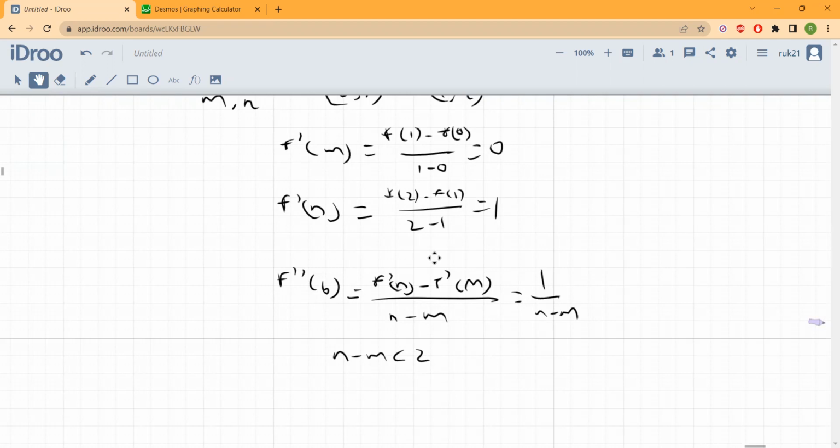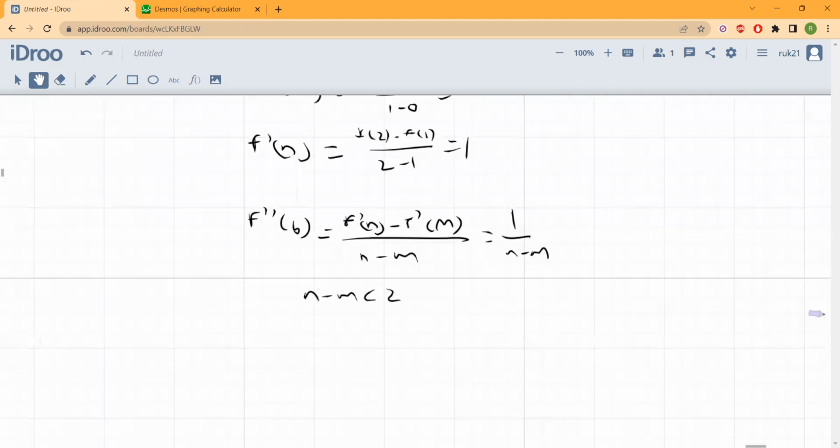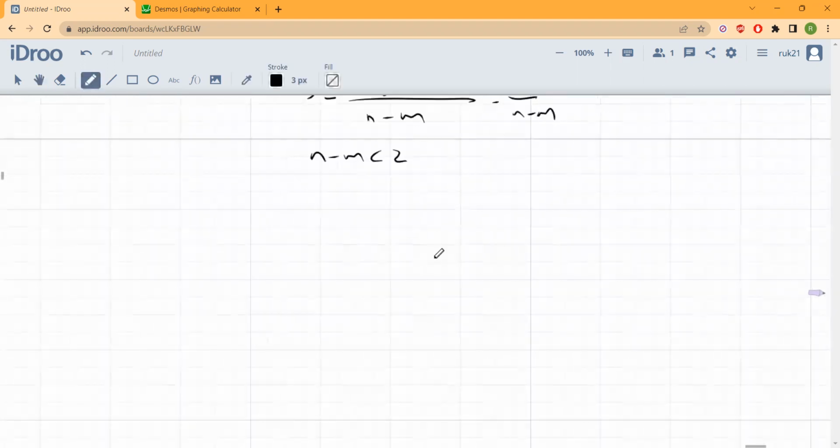Now we're going to look at question C, the final one. There exists such a C that belongs to I such that f prime at C is equal to 1 over 7.